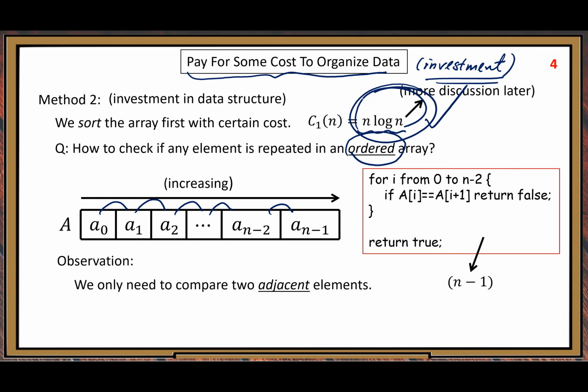This problem number 5, the element uniqueness problem, is a simple one, right? But this kind of algorithm question is frequently given in job interviews.